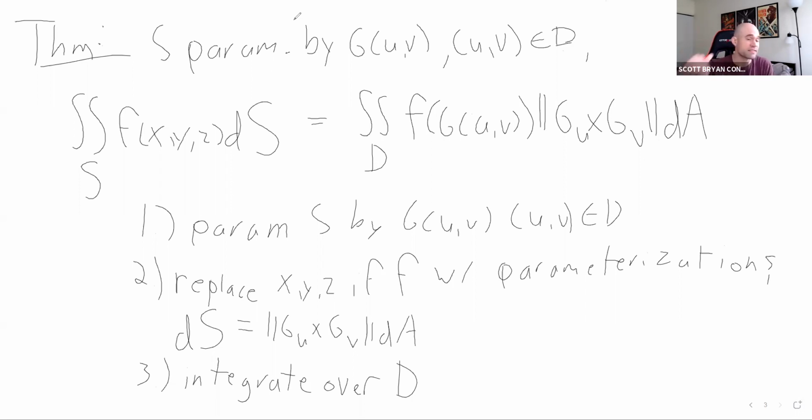And so let's go step by step, make sure we don't get lost, and do some examples.